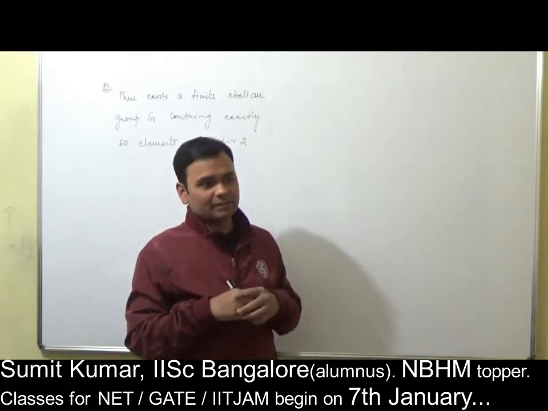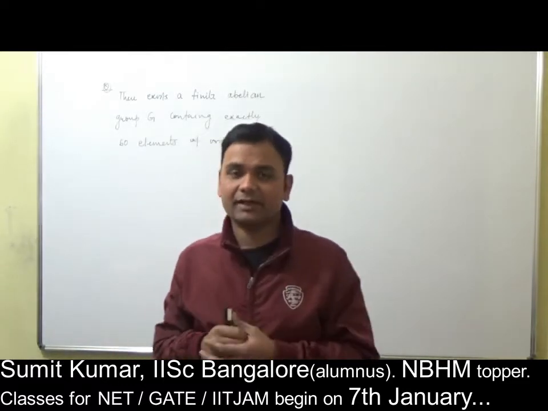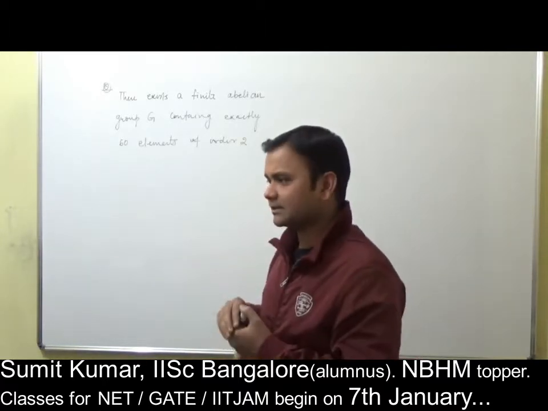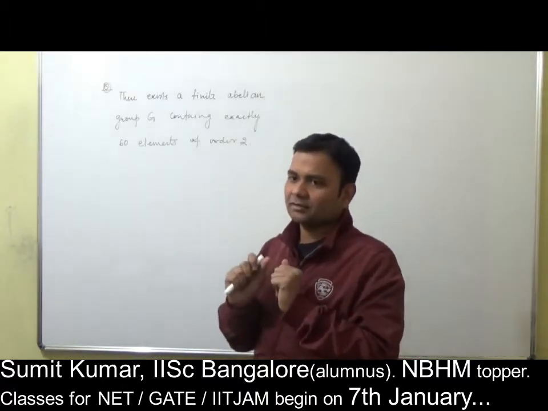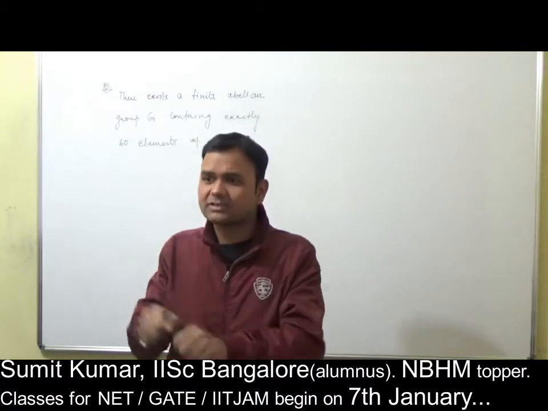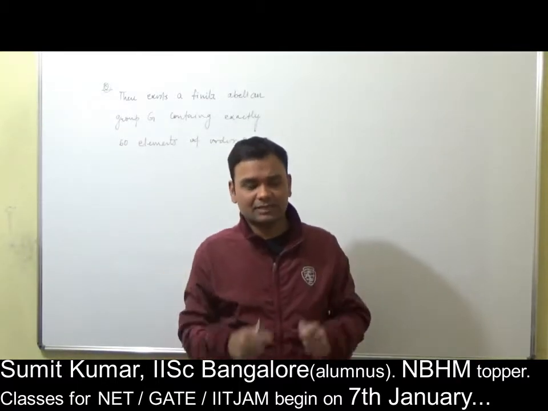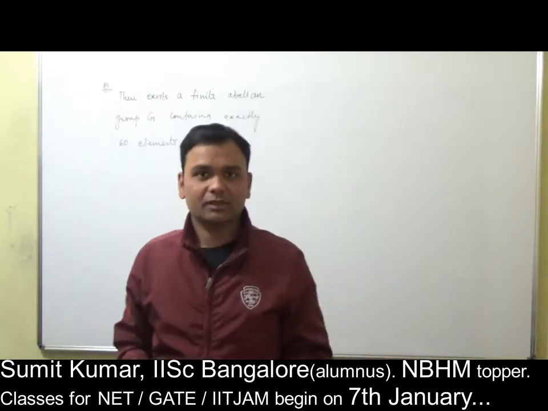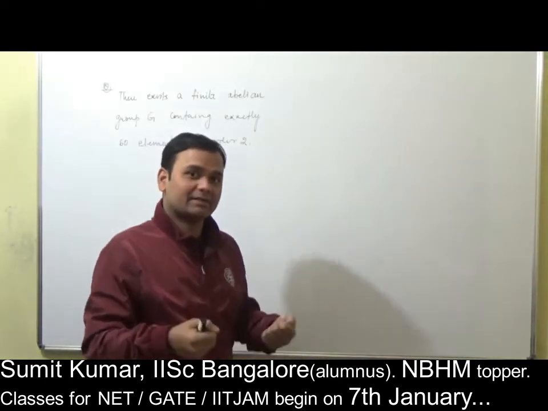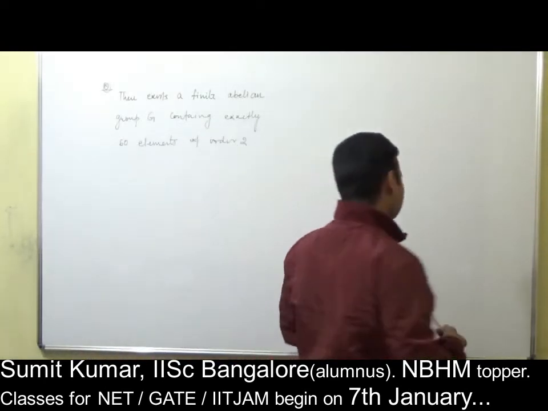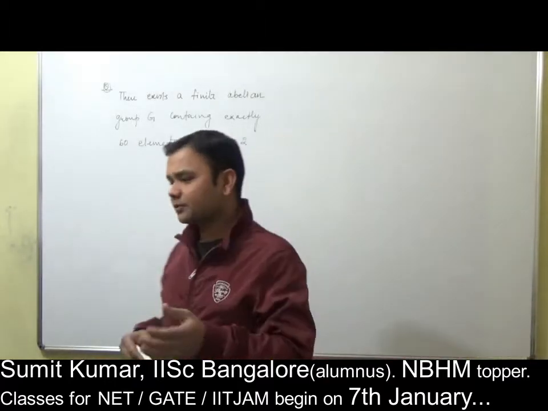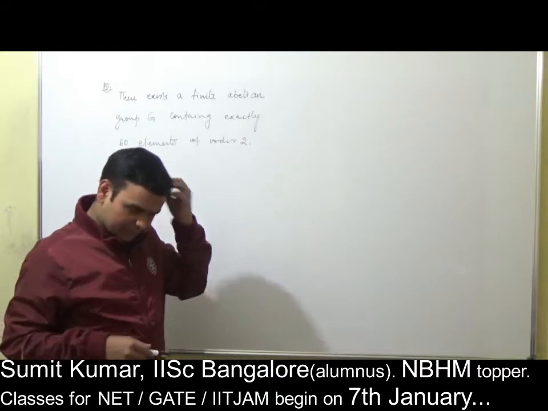When someone asks to find a finite abelian group, or just a finite group, with a certain property related to the order of elements, how can one answer those questions? It's really important in group theory.